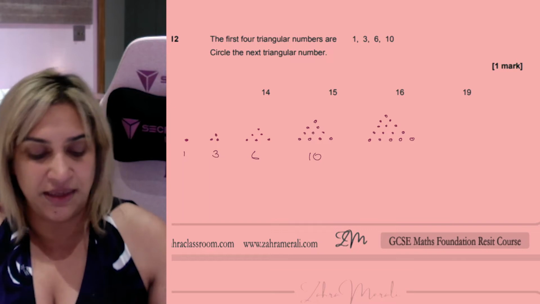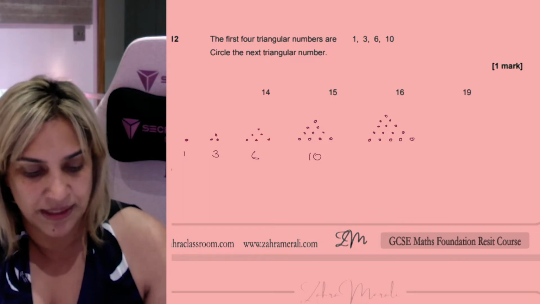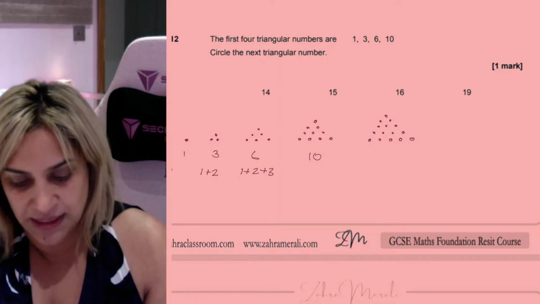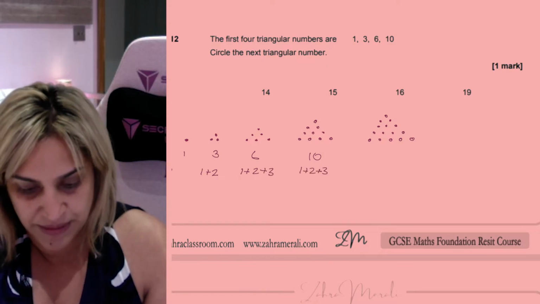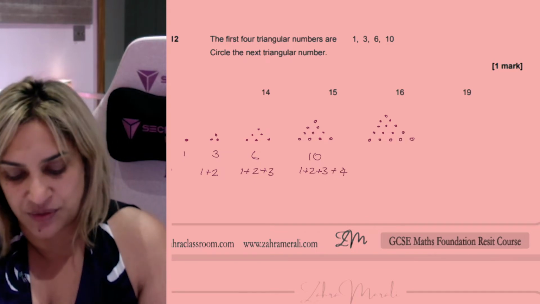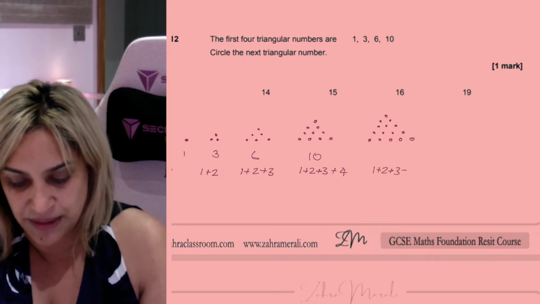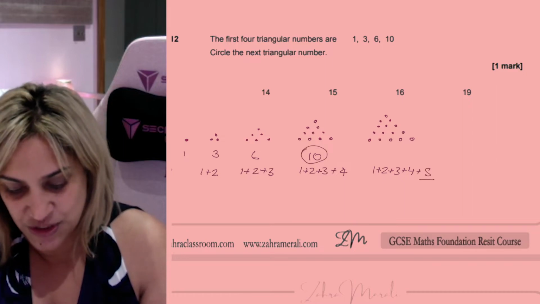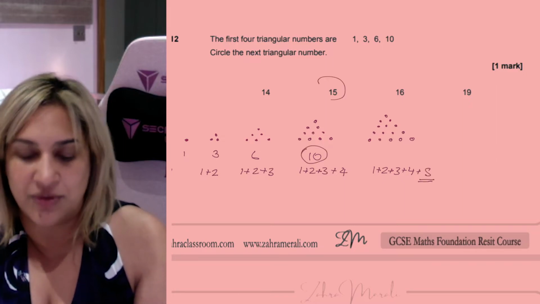So essentially here it's 1, here it's 1 plus 2, here it's 1 plus 2 plus 3, here it's 1 plus 2 plus 3 plus 4. So you're essentially adding one more. So here it's going to be 1 plus 2 plus 3 plus 4 plus 5. So if you know that's 10, the next one you're adding 5, so it'll be 15.